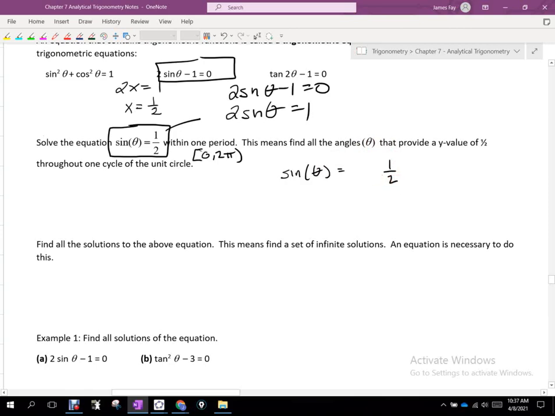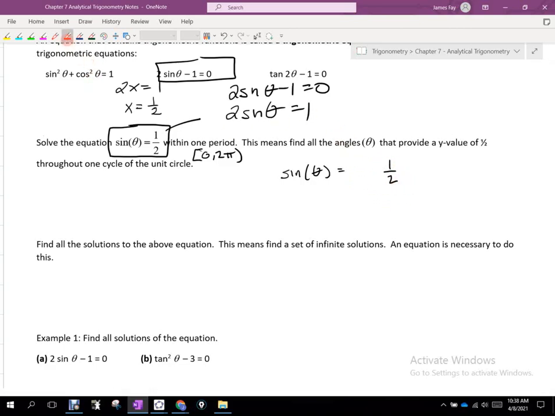Now, you might know that already, but I want to show you the algebraic approach to this, because this could eventually be like 2/3. And that's not from the unit circle, right? So I want to show an approach that you would use regardless of whether the value is a known value on the unit circle or not.